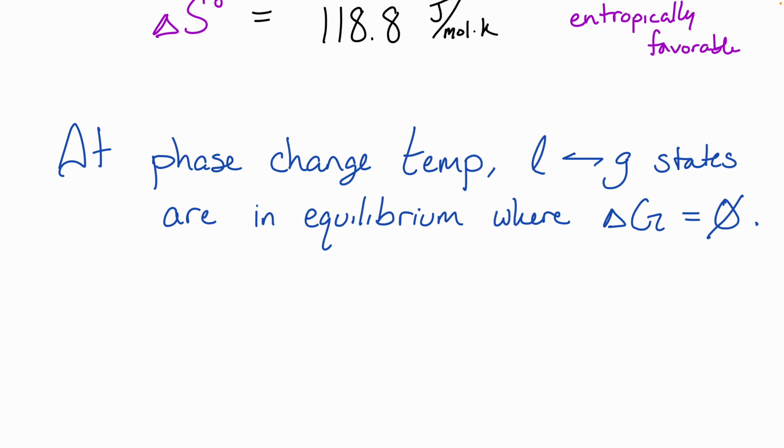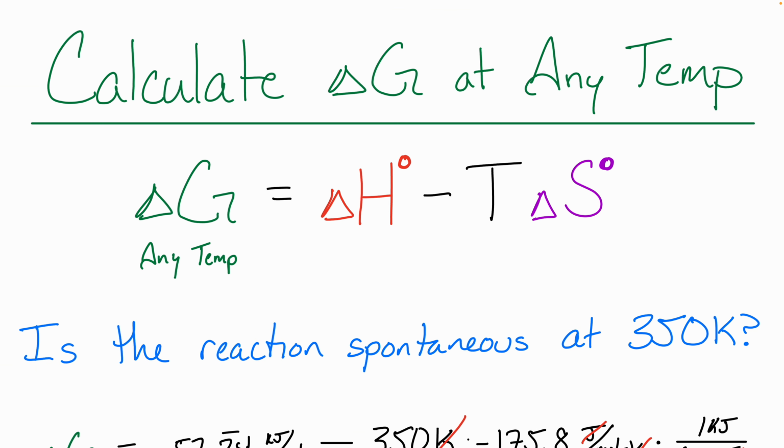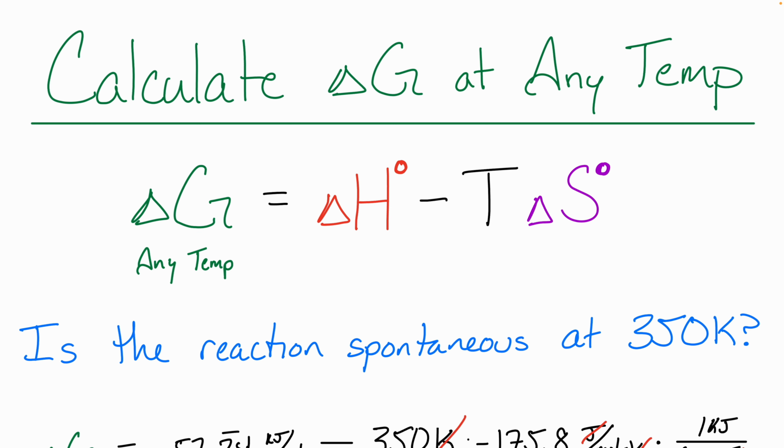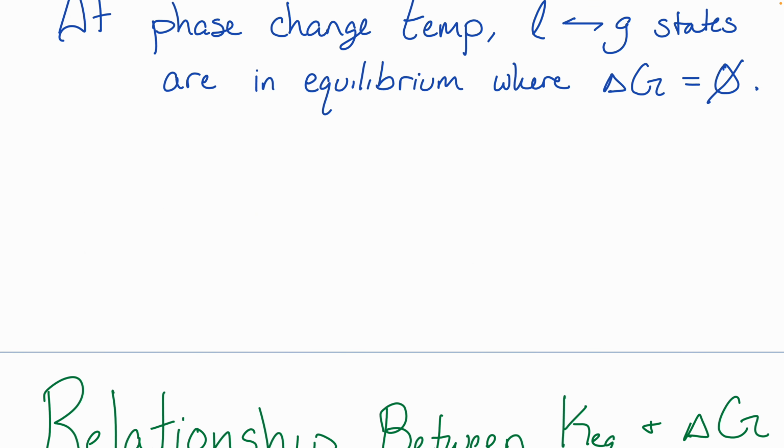All right, so what does that mean? Well, if we look at our formula here, we have this way of approximating delta G at other temperatures.